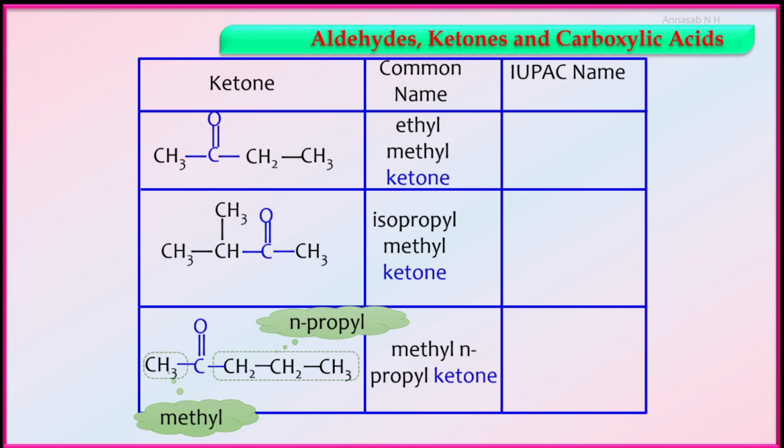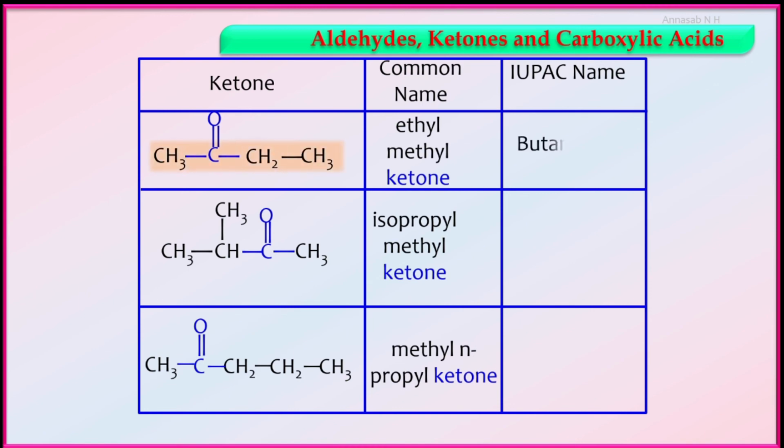Coming to the IUPAC system of naming. First one, there are a total of 4 carbon atoms. Butane, the ending E is replaced by ONE, so the IUPAC name is butanone. Second example, there are a total of 4 carbon atoms, and the third carbon atom contains a CH3 group as a branch.